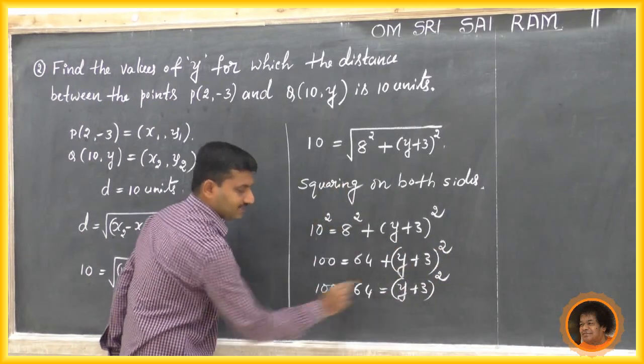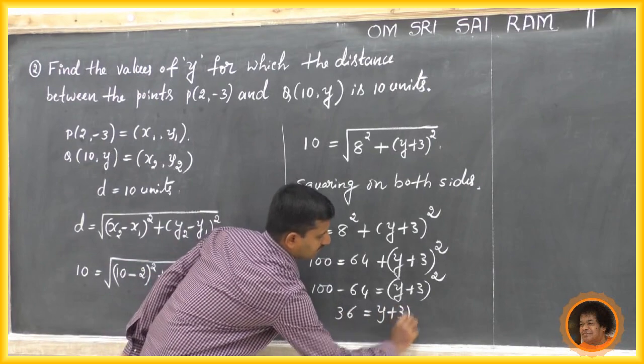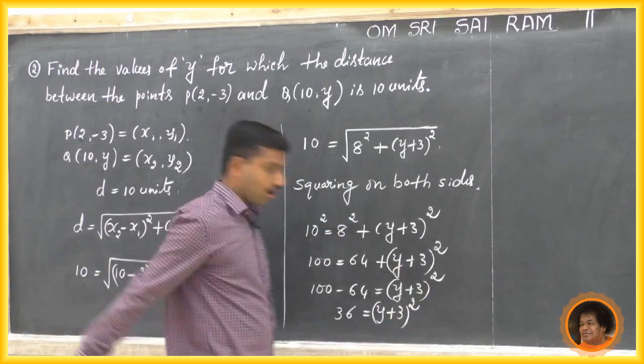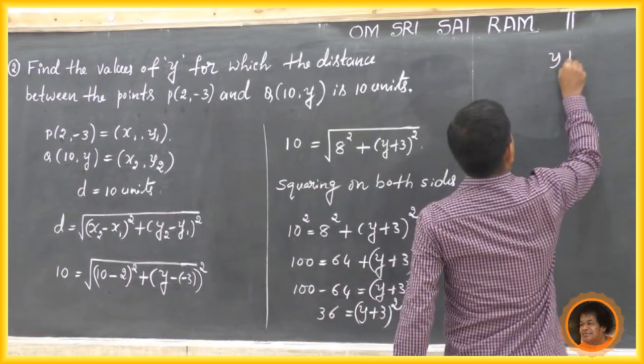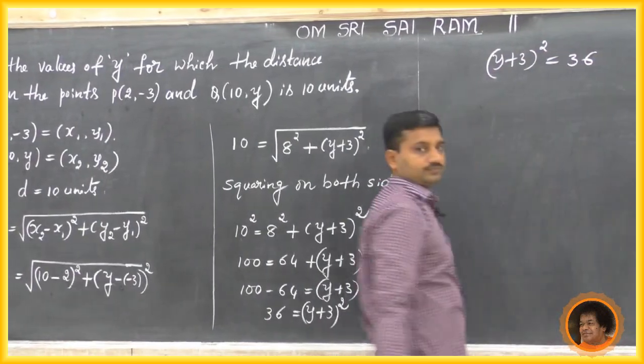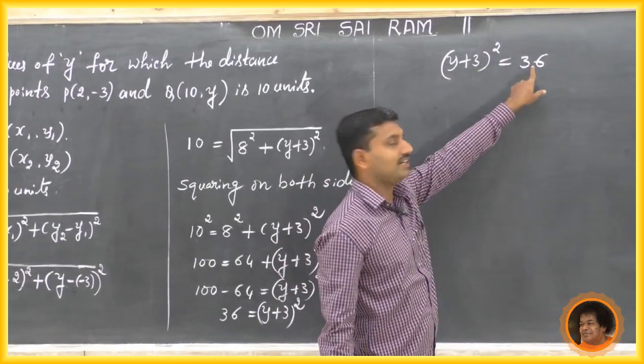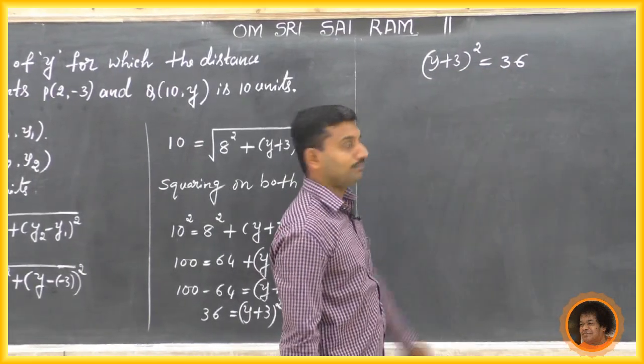So 100 minus 64, that is 36 equal to y plus 3 whole square. So here on the left hand side y plus 3 whole square, but on the right hand side, that is 36, a perfect square number.